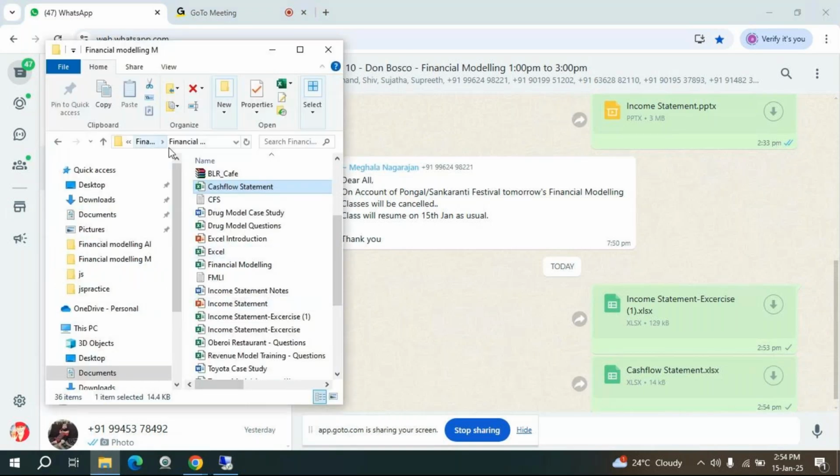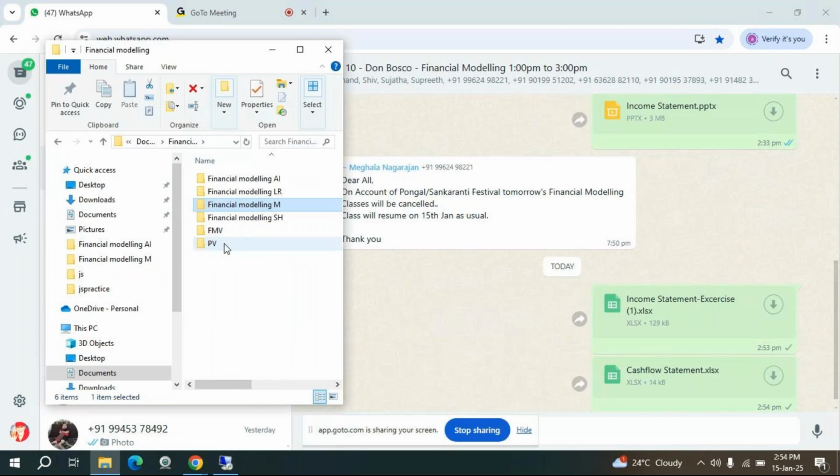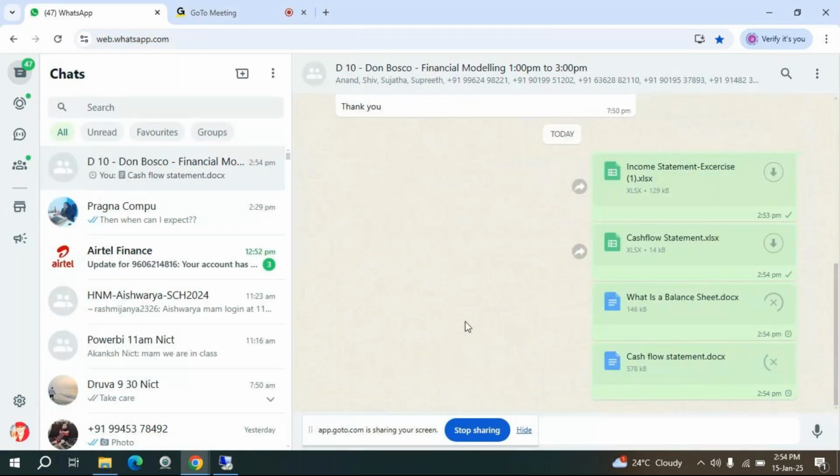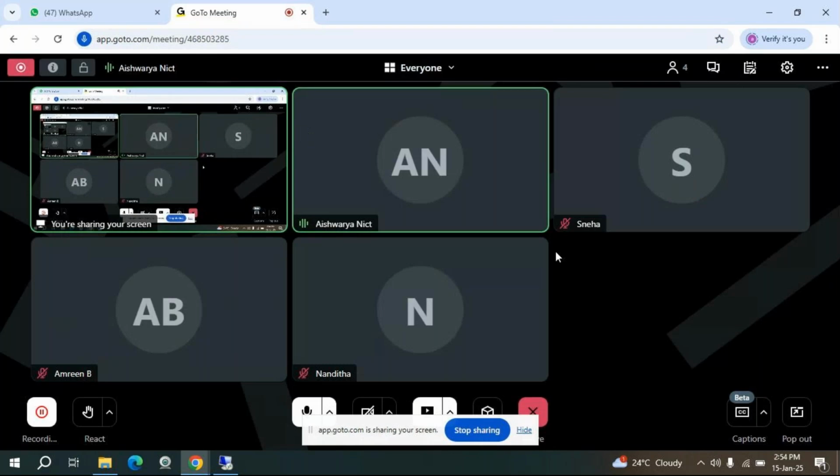Then about the balance sheet, then about the cash flow statement. You have to go through all these things. First, you have to work out the income statement. Then after that, you have to download this cash flow statement exercise and work it out.